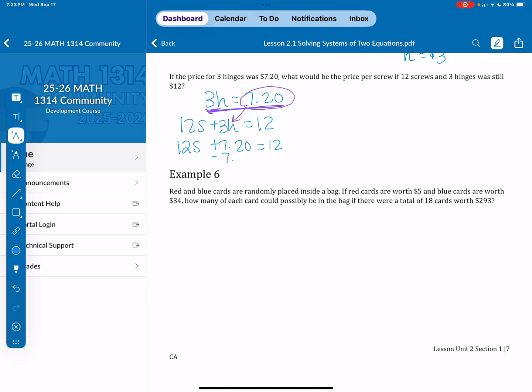Okay, and just solve this equation for S. So we get 12S equals $4.80. Divide by 12, divide by 12. So that means the screws are now 48 cents. No, 40 cents, excuse me. Okay.